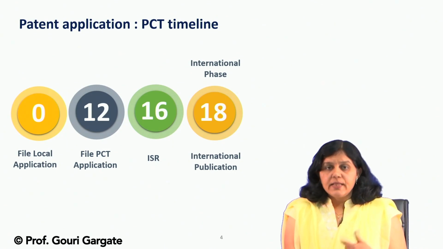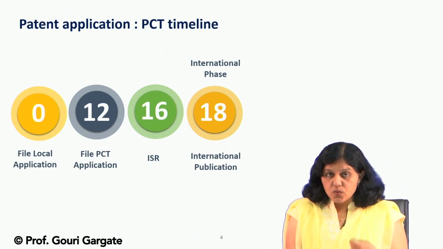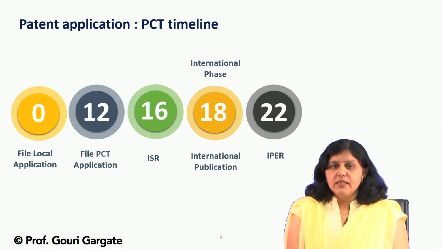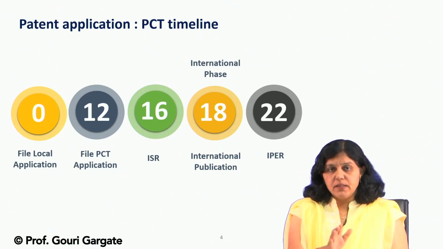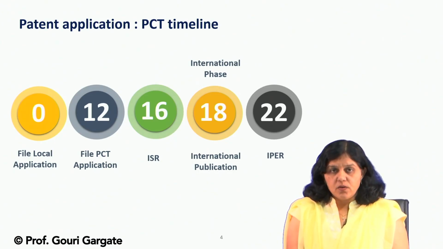Now, next after ISR there is an IPER. What is that? IPER is the International Preliminary Examination Report. At the end of the 16th month you are getting the ISR. It is a free report you are receiving from the International Search Authority.